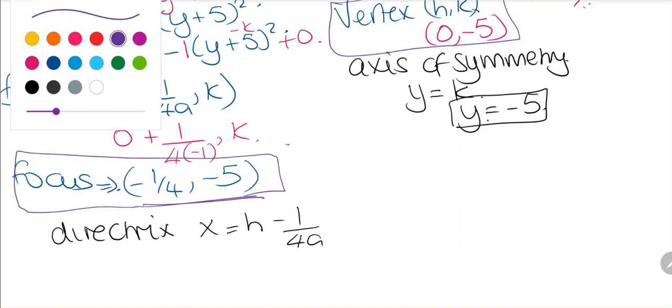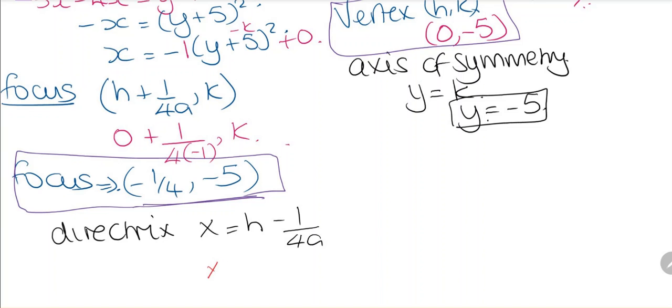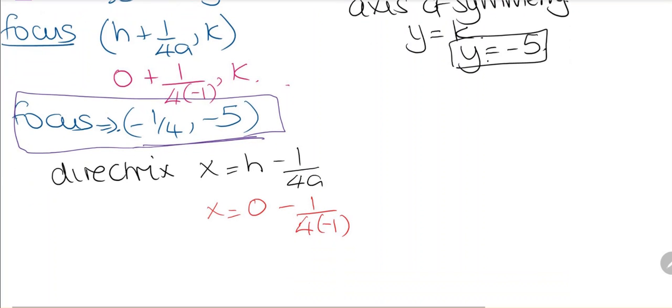If we substitute in the values, h is 0, and that's going to be 1 over, and a is minus 1. So minus 1 over minus 4. So these will cancel. So we're going to have a line at x is equal to a quarter.